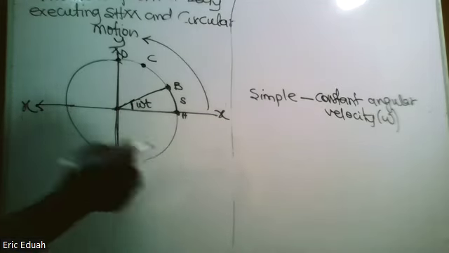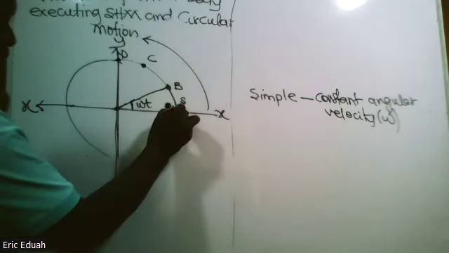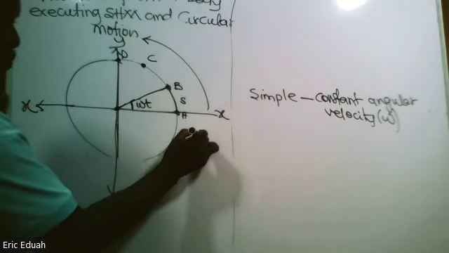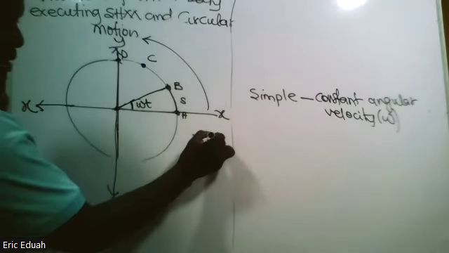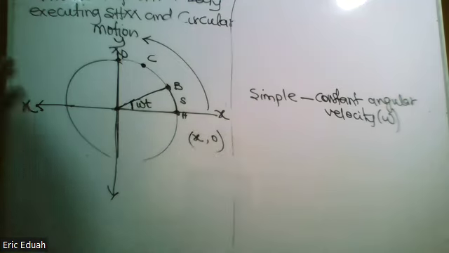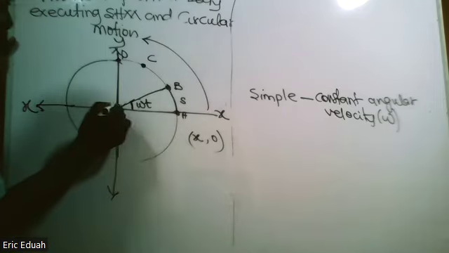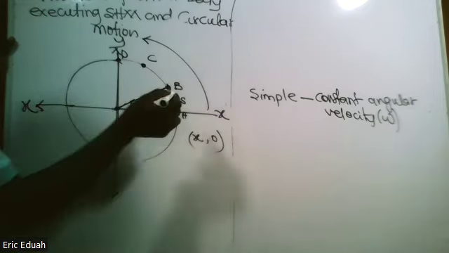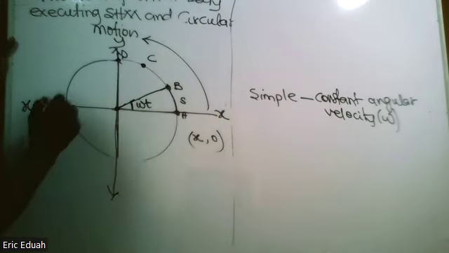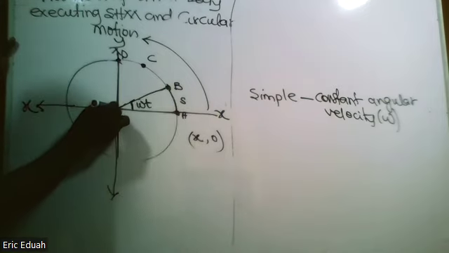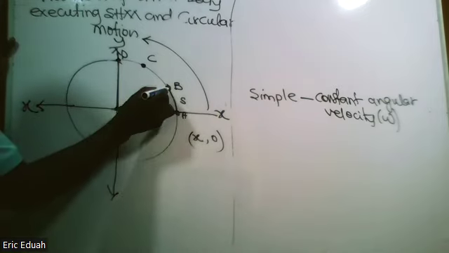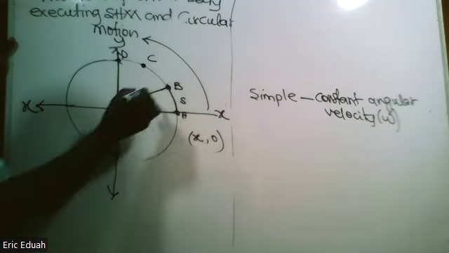It is like in your transformation. If a point is here, x component will be x, but y component is 0. So that's what I'm saying. If the body is here, its image along the y-axis is 0. If it moves from A to B, and I want to trace its image on the y-axis, this is it.